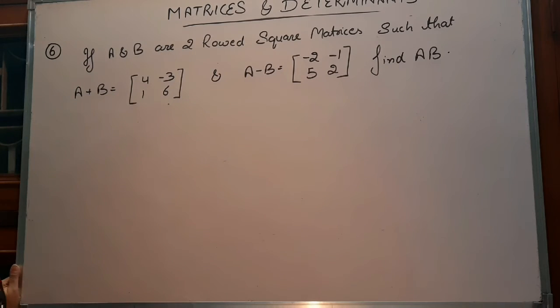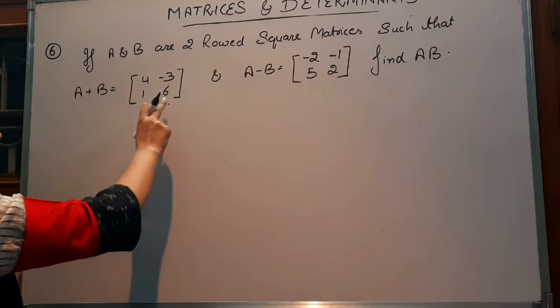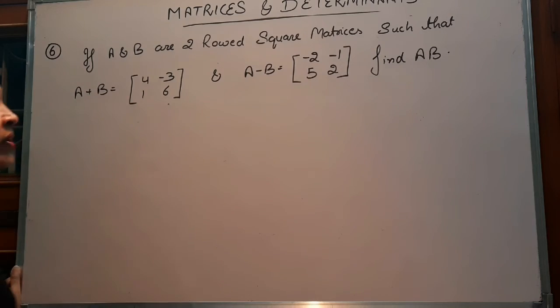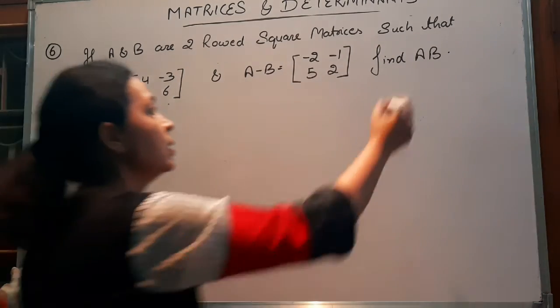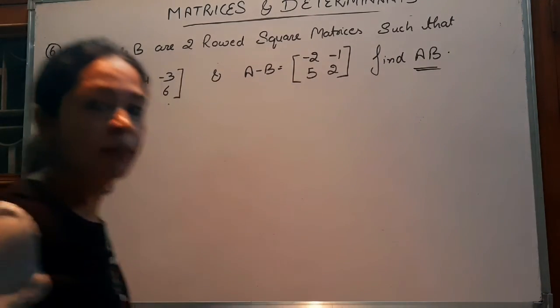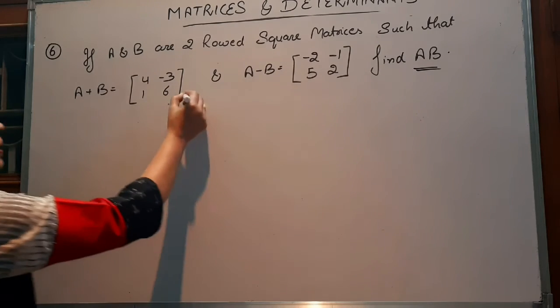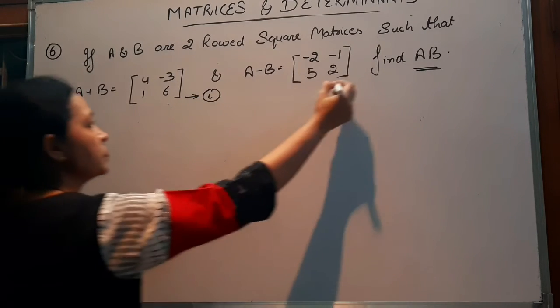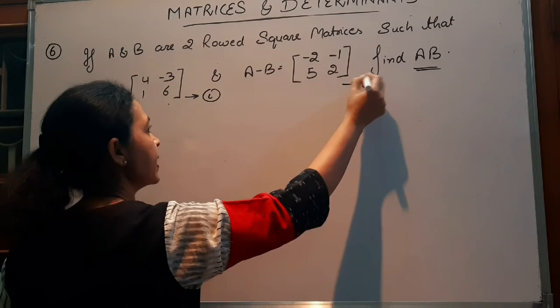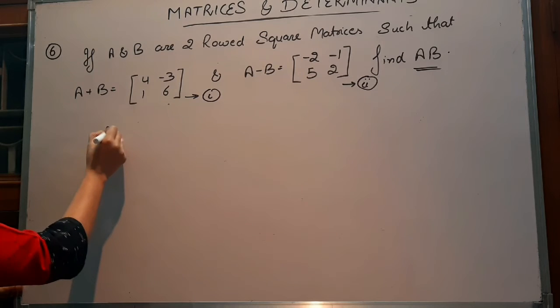Next one is, A and B are two-rowed square matrices. Two-rowed means two rows and two columns. Square matrices such that A plus B matrix is given and A minus B matrix is given. We need matrix AB, A multiplied by B. Take A plus B as first, A minus B as second. What do we do?